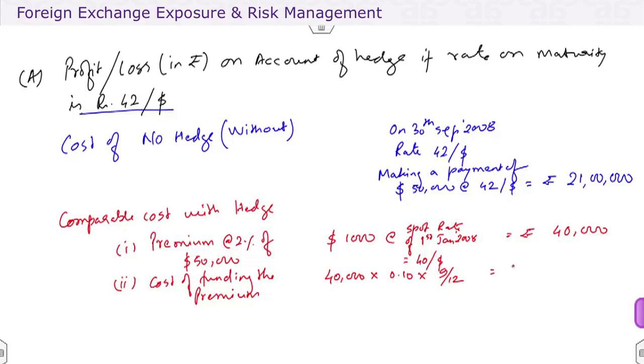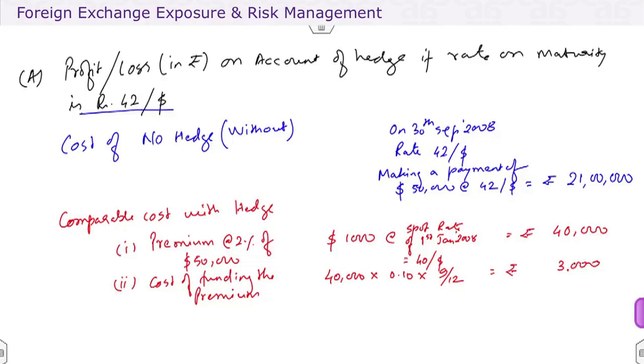If you solve this, 9 divided by 12 into 0.1 into 40,000, it is 3,000 rupees. So 3,000 is your interest cost towards funding.